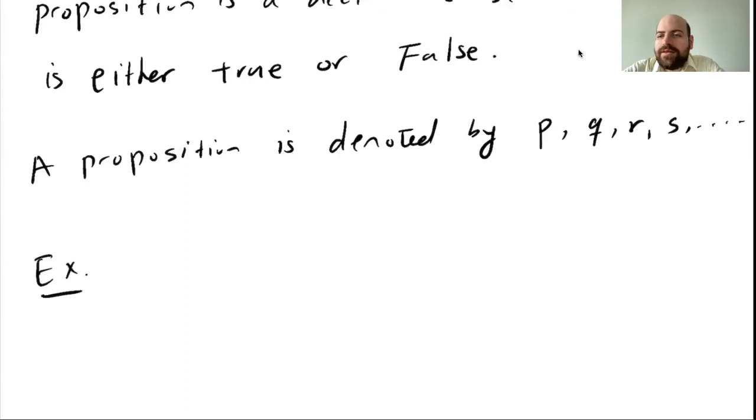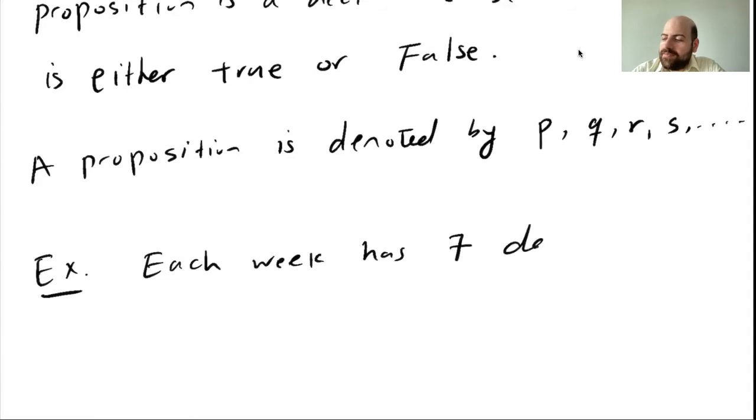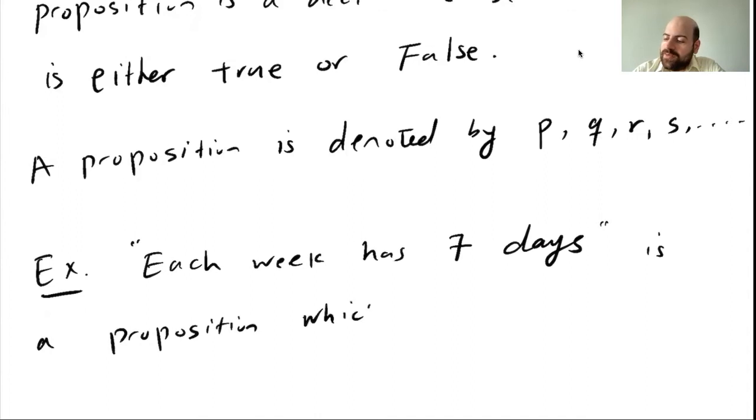For example, a statement which can be determined as true or false. Each week has 7 days. So this is a proposition, which is true.